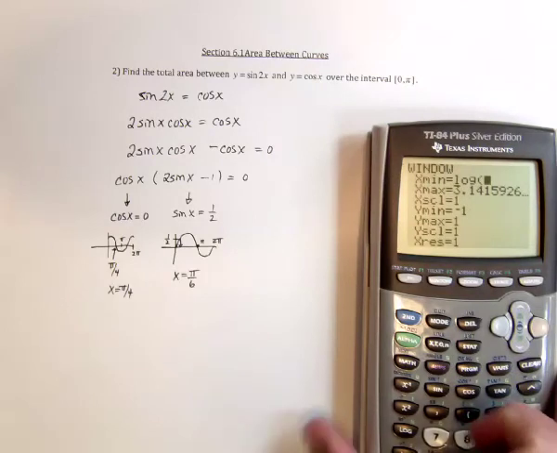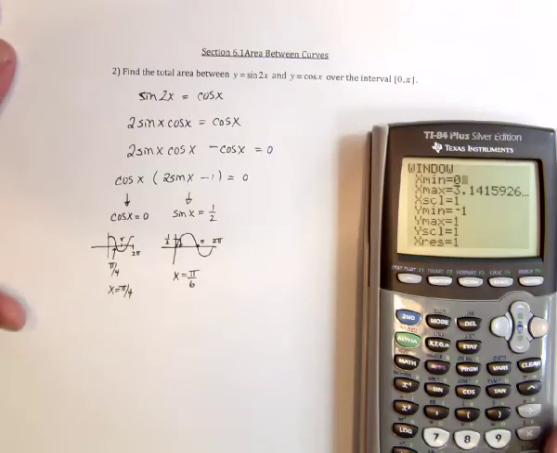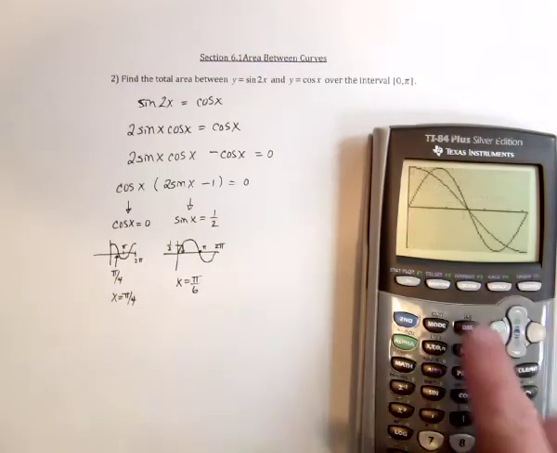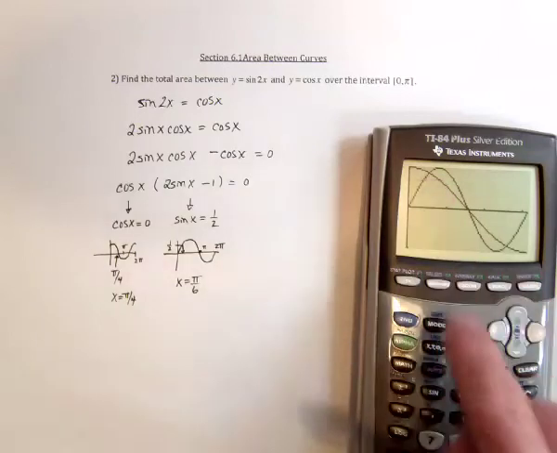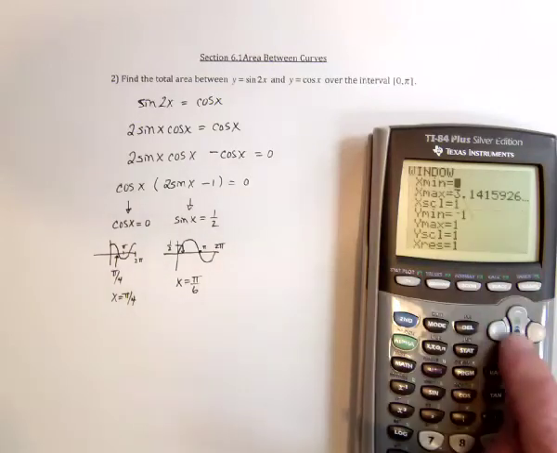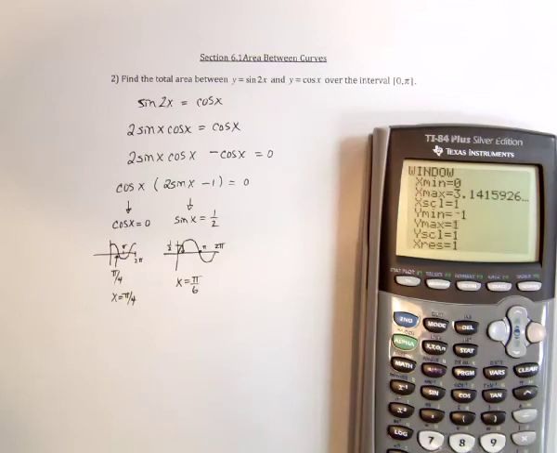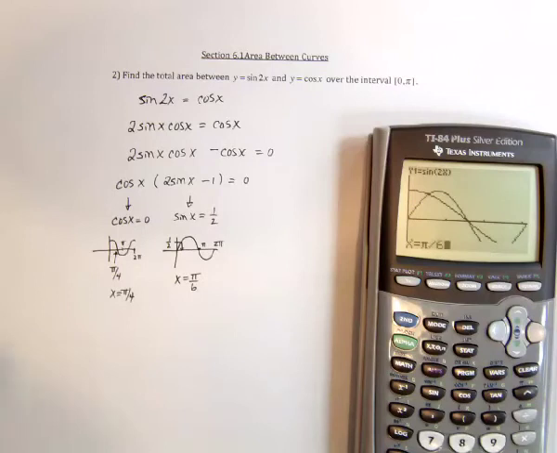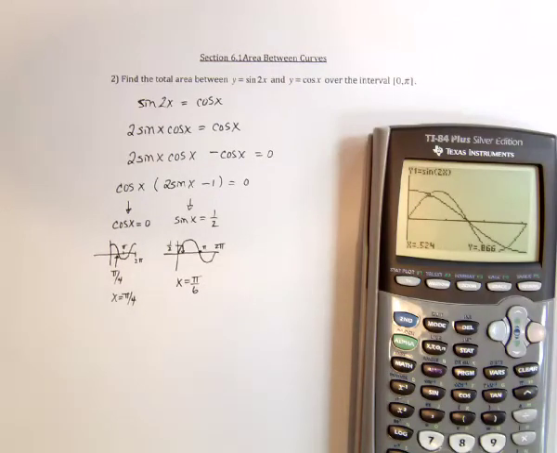Is there still a glare? So if we go back to the graph, we need that point right there, which is pi over 6. Let me just change the window. Okay, so pi divided by 6 is that point right there.